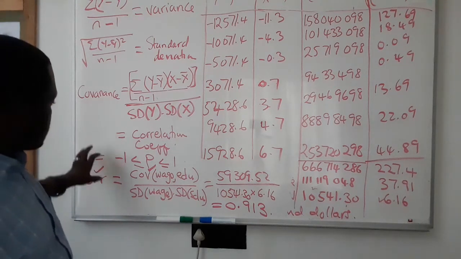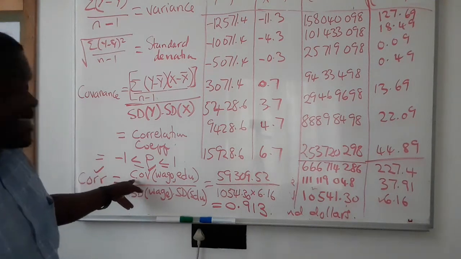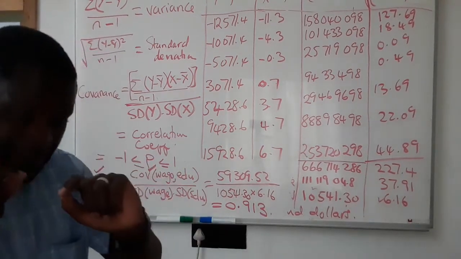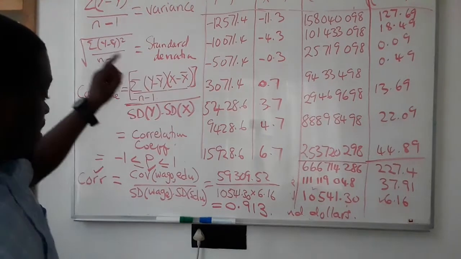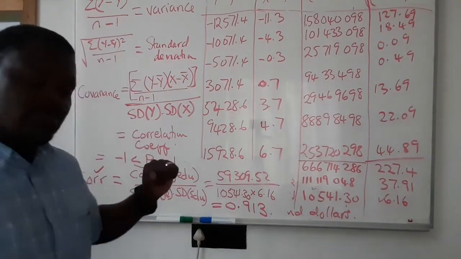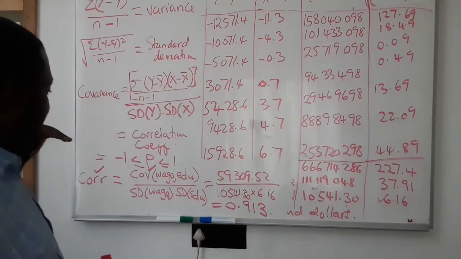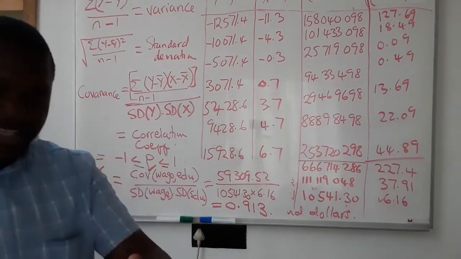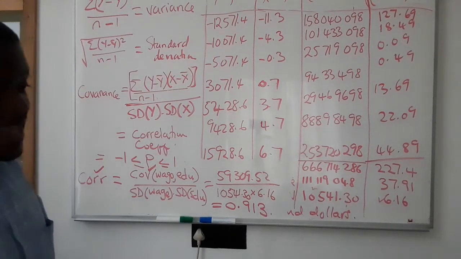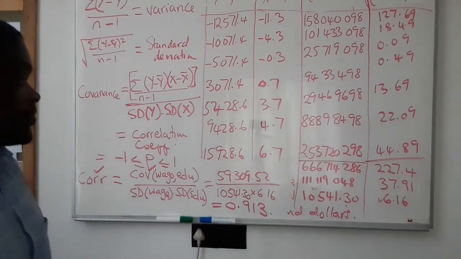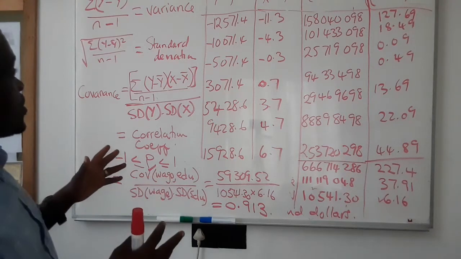Now it is from these two relationships that we can easily measure the effect of education on wages. That is why I was saying if you know covariance and your correlation, you can get a measure of the effect of education on earnings and so forth. But for now, let me stop here.